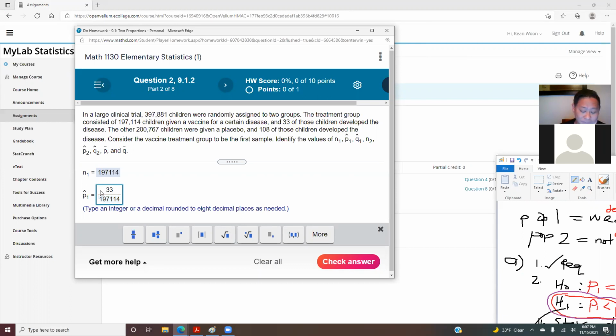Okay. So it's 0.0000167. How many zeros? 4. You need to be at 8 decimal places. 5, 6, 7, 8. So it's 0.0001674. 1, 2, 3, 4, 5, 6, 7.